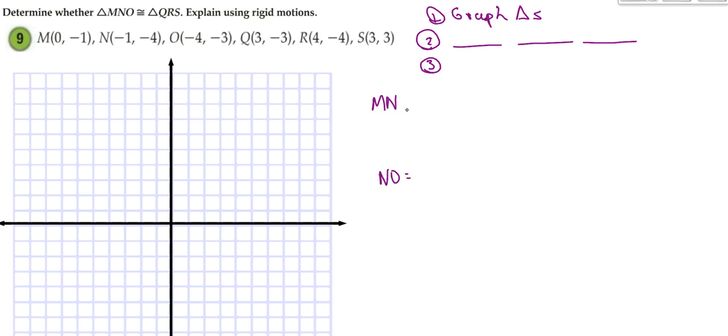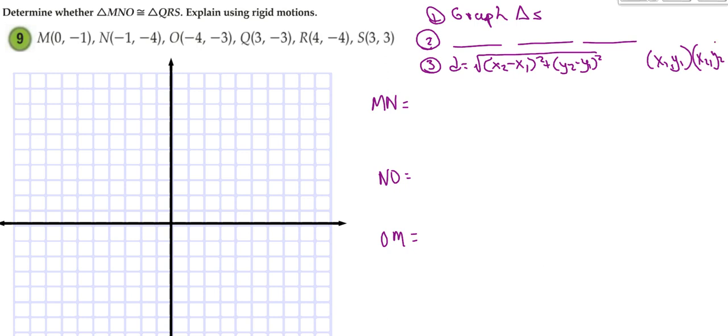And then OM. And just a reminder that the distance formula is the square root of parentheses x2 minus x1 in parentheses squared plus parentheses y2 minus y1 in parentheses squared. And the ordered pairs are x1, y1, and x2, y2.